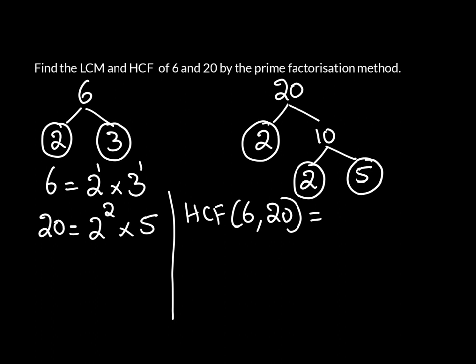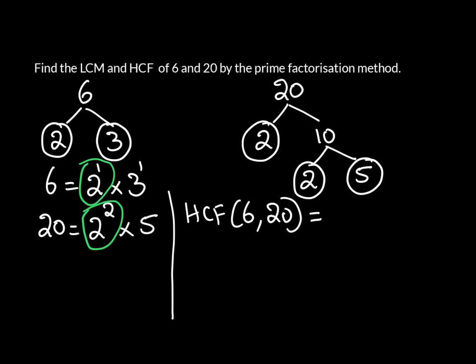In order to find the HCF of two numbers, you look for the common prime factors of these two numbers. What are the common prime factors of 6 and 20? It is 2 to the power 1 and 2 to the power 2.